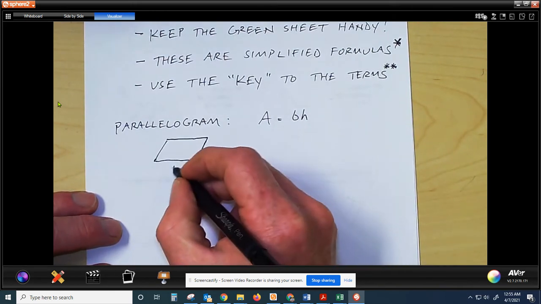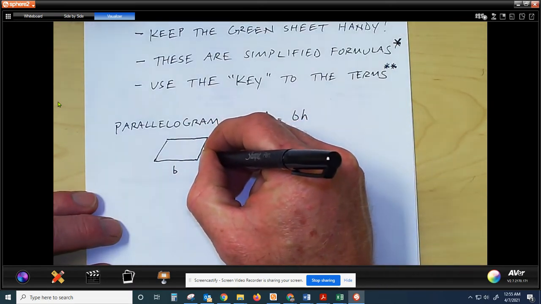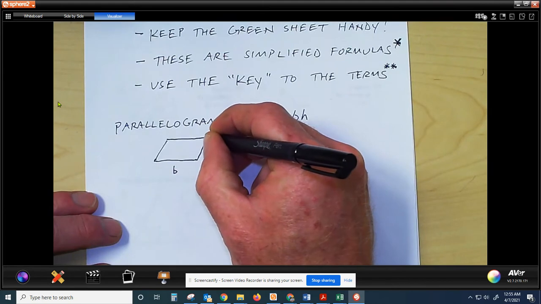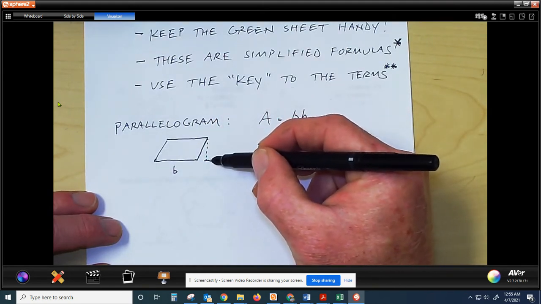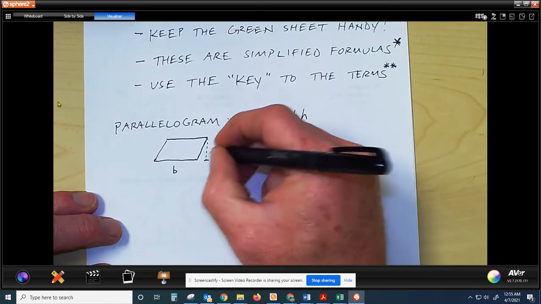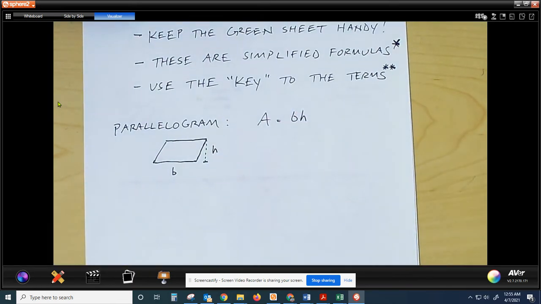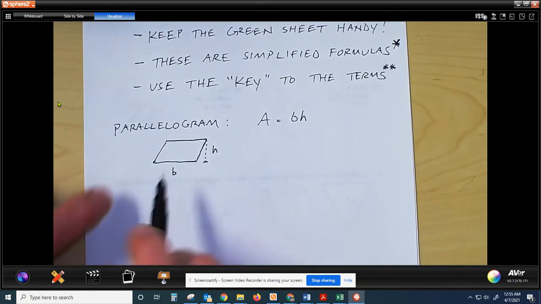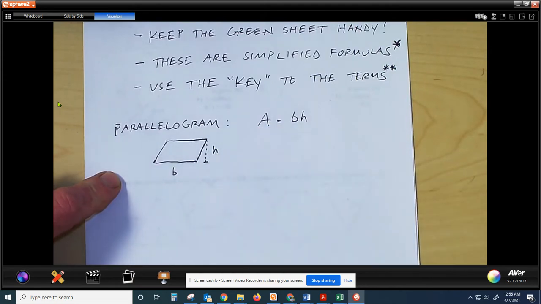Okay, and so in relation to a base, this is the height. From this drop to the bottom of the shape, it's a straight line, and this is what they call the height for a parallelogram. It has a lean to it, but it's this dimension here that we use.